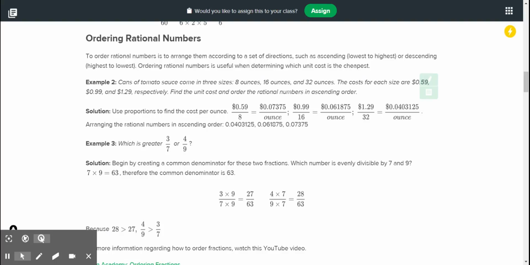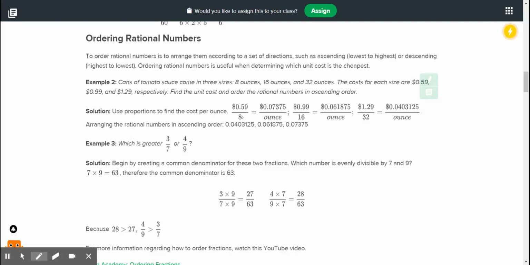So remember, ascending is smallest to biggest. So we're going to take a look at the solution. We're going to use proportions to find the cost per ounce. So we know that 59 cents is the 8-ounce. So I'm going to take 59 over 8.